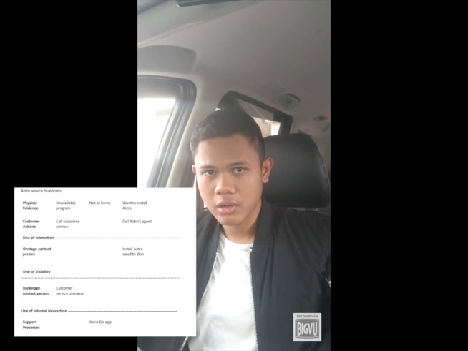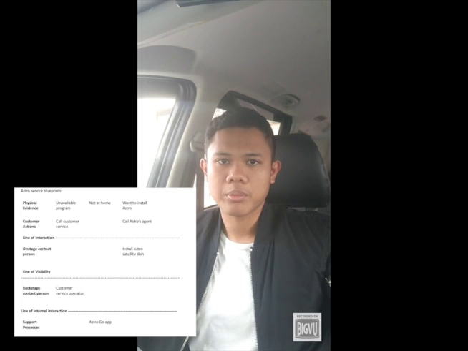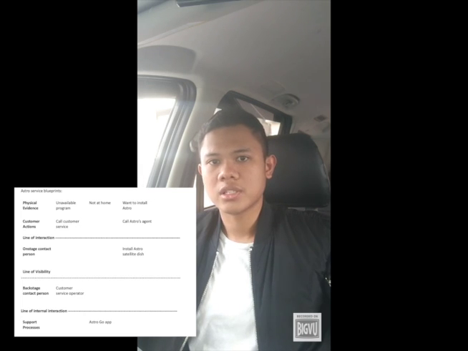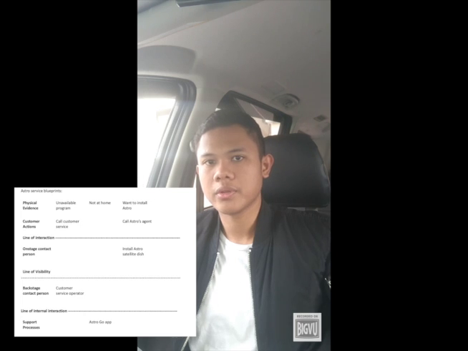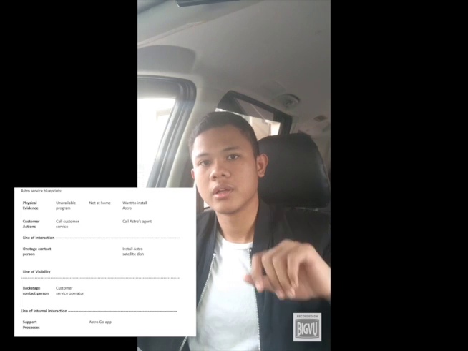A dashed line of interaction between the customer actions and the on-stage contact person shows the points of customer-facing activity. A dotted line of visibility, beyond which a customer cannot see, is shown in the middle of the blueprint, separating the on-stage contact person from the backstage contact person.